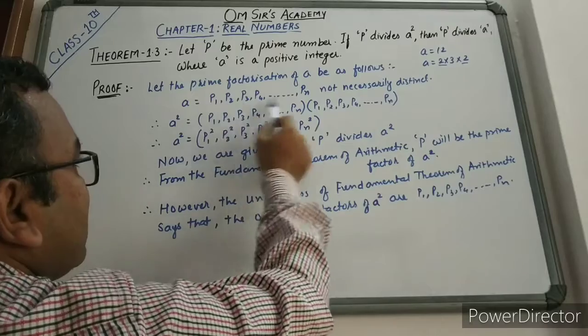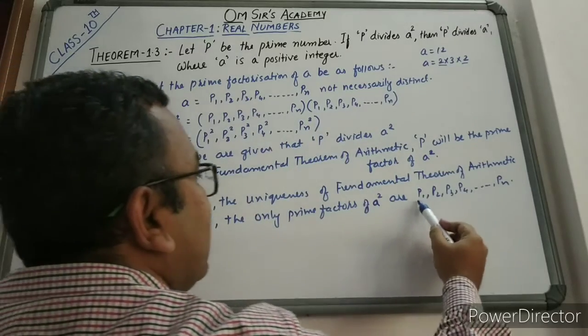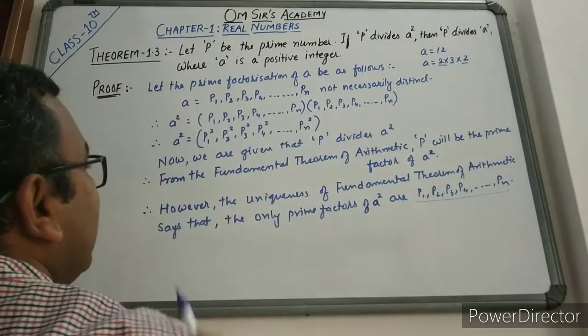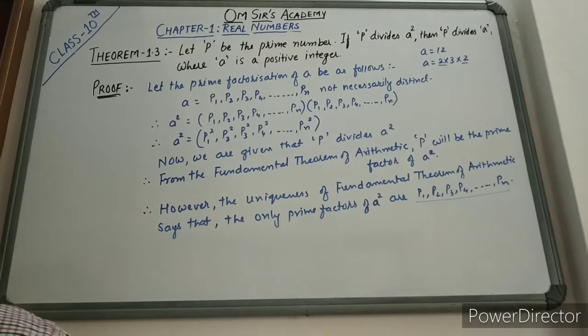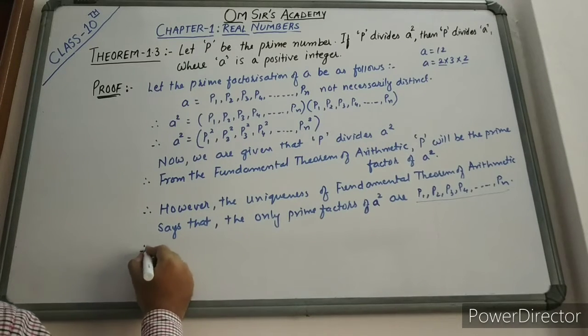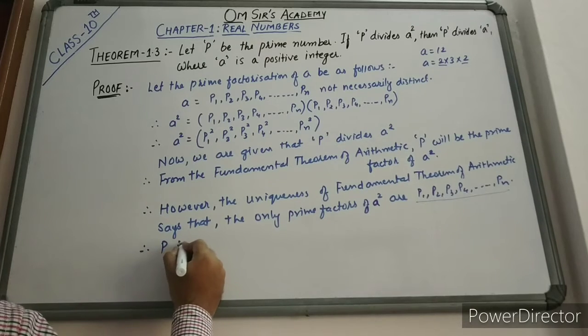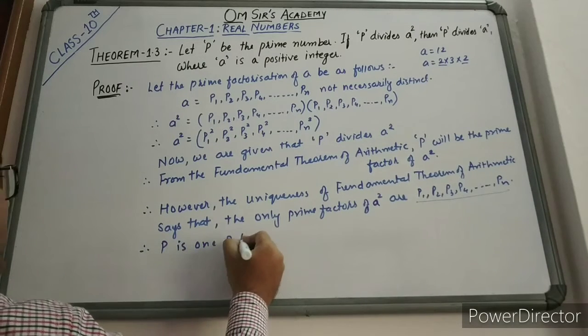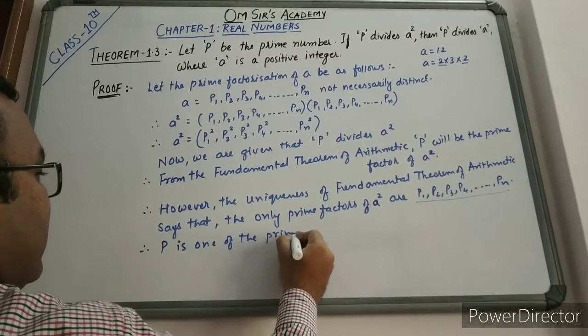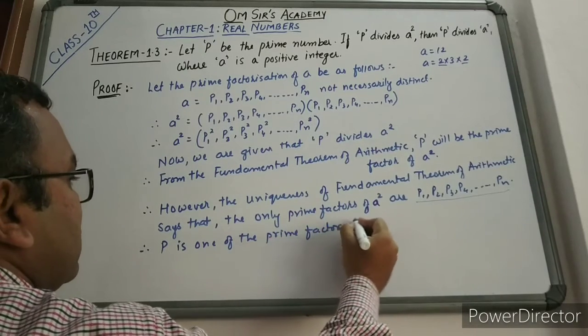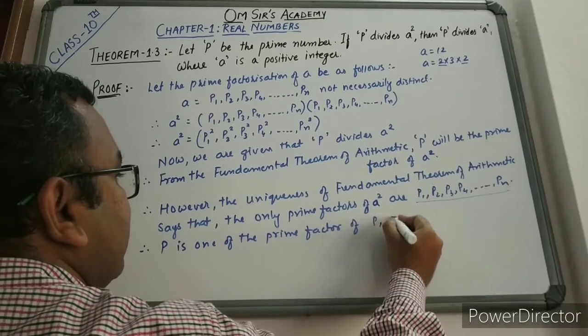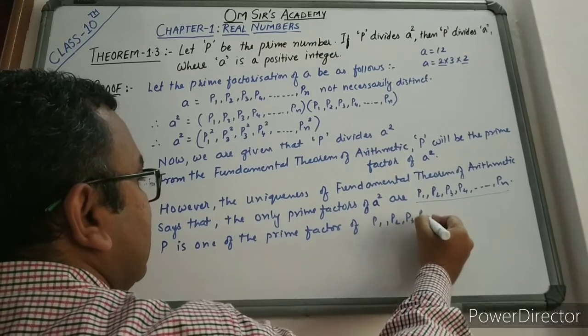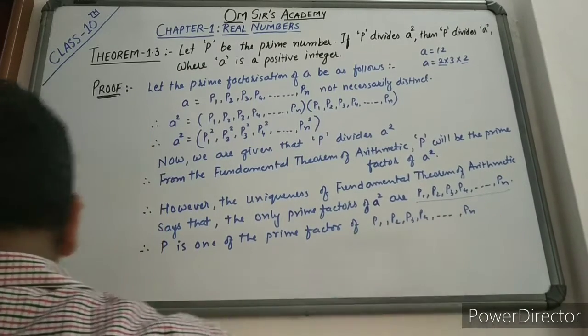So the prime factors of A square will remain the same as the prime factors of A only. Is it clear, friends? So with this we can say that P is one of the prime factors. Therefore P is one of the prime factors of P1, P2, P3, P4 till Pn.